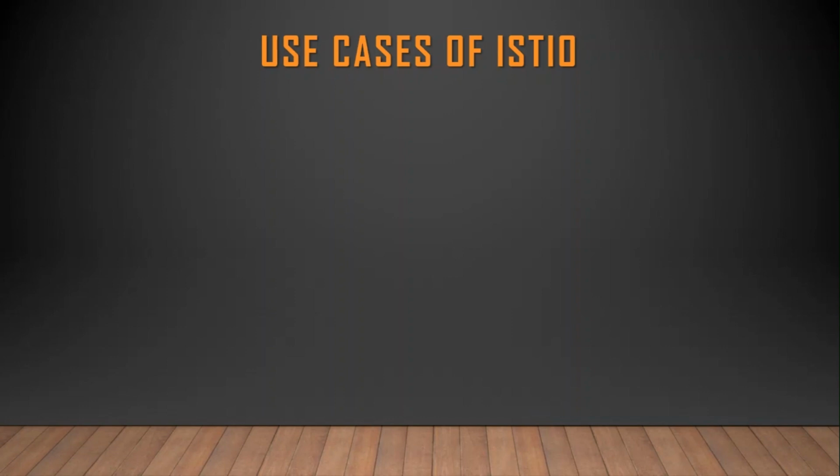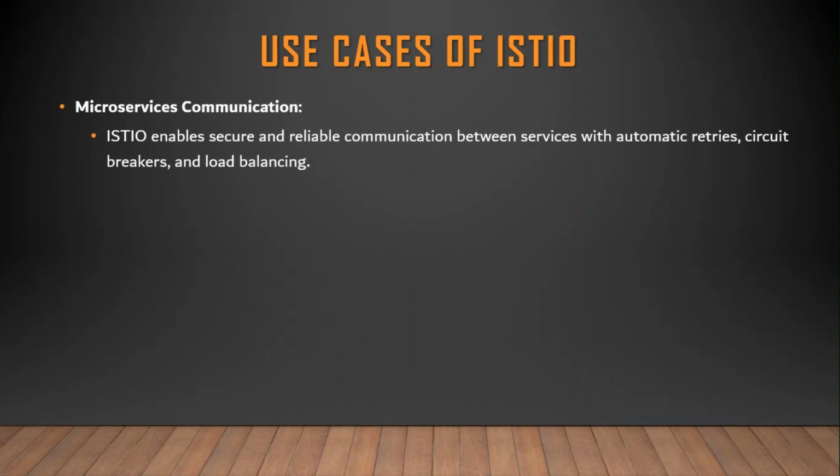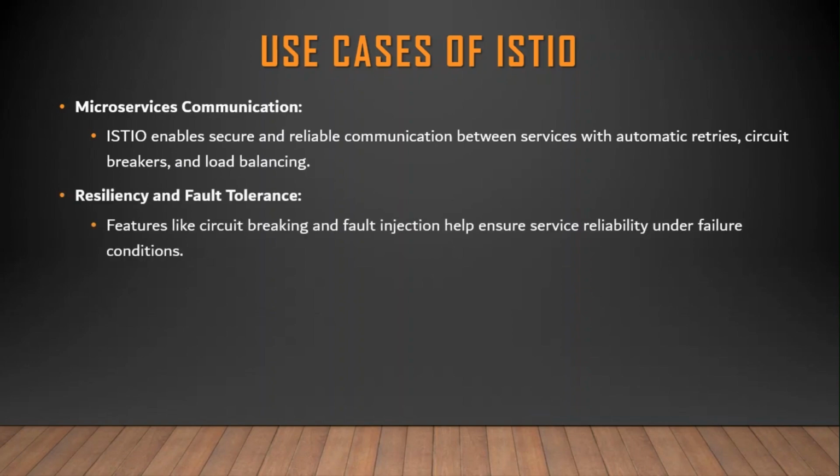Istio has several practical applications, including microservices communication. It ensures reliable communication with automatic retries and circuit breakers, resiliency, and fault tolerance. With features like fault injection and load balancing, Istio improves service reliability under failure conditions.